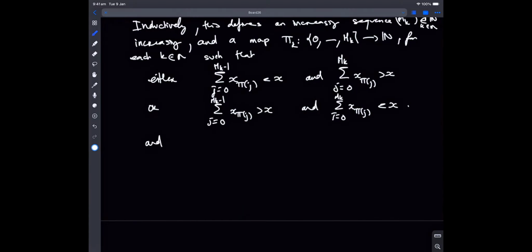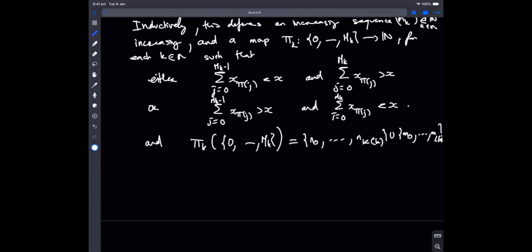And the pi_k is such that pi_k of the set 0 to m_k is made of a certain sequence of n_j's up to a certain value, let's call it K_k, and a certain number of m_j's up to a certain value, let's call it L_k, for some increasing functions capital K and capital L from N to N. Right?